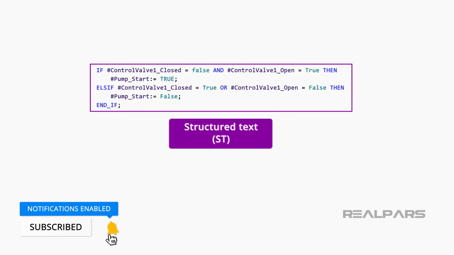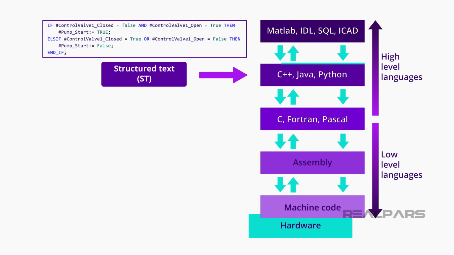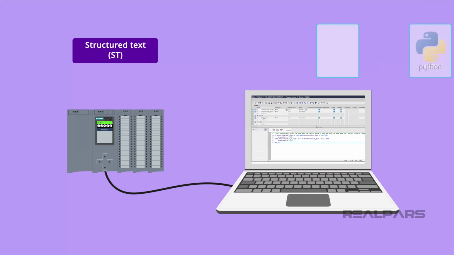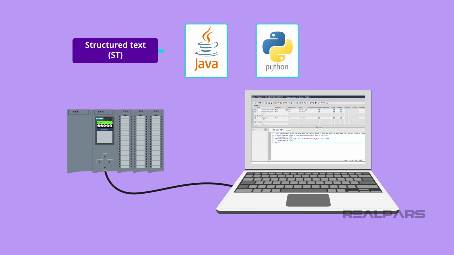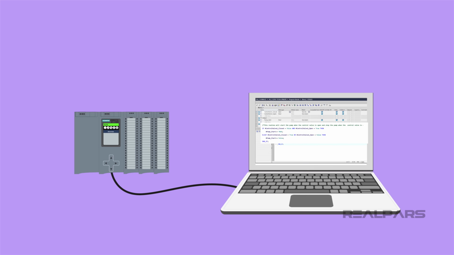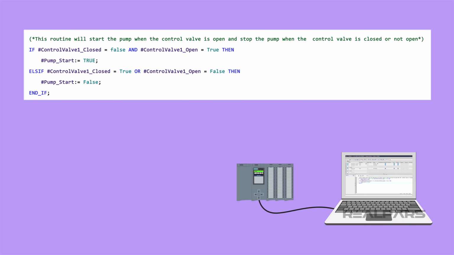Since structured text is similar to traditional high-level programming languages, it can be fairly easy for many people who may not have a background in PLC programming but have experience in traditional coding to learn and develop PLC projects. In most cases, you can also develop your structured text PLC programming project without using the PLC programming software.